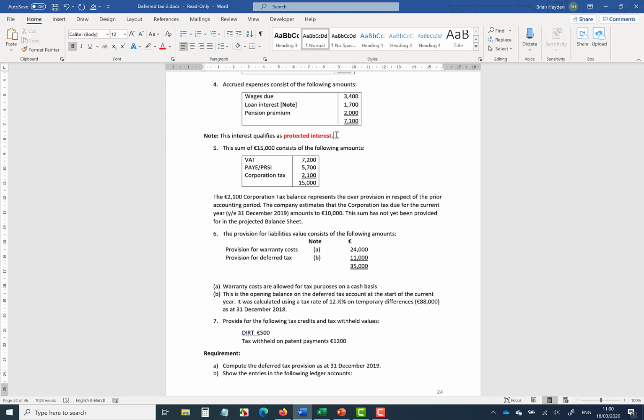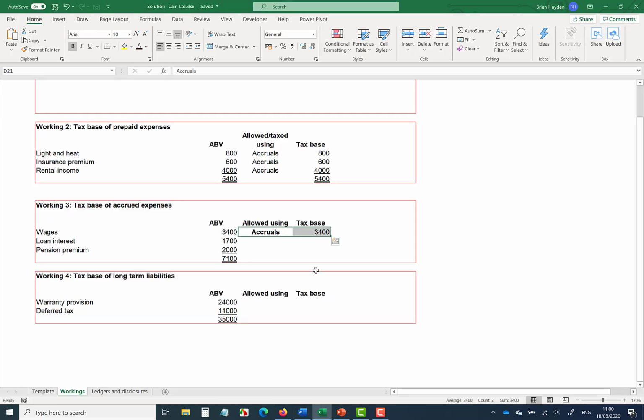So if you think back to a case 1 computation, we add the full charge amount that's in the income statement back to the accounting profit to arrive at case 1, and then in the tax return we deduct the amount paid. Now there's the key insight. The amount paid is deducted. So these are allowed on a payments basis or a cash basis, and because they're allowed on a cash basis, the tax base value will be 0.